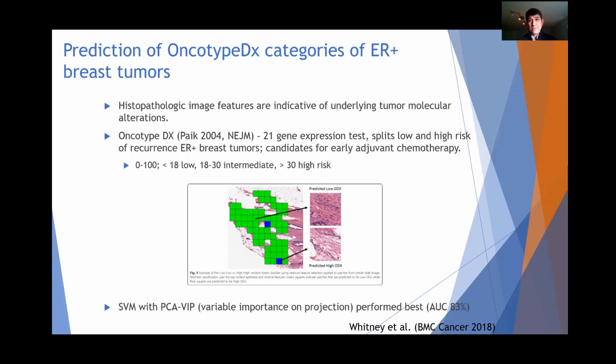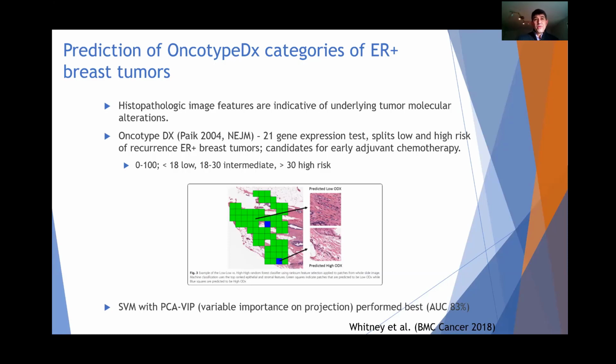And this manuscript that I'm putting up here details how OncotypeDx categories of breast cancer are predicted based on digitally assessed histologic changes. OncotypeDx is a 21 gene expression signature that splits estrogen receptor positive breast tumors into high and low risk categories of recurrence.